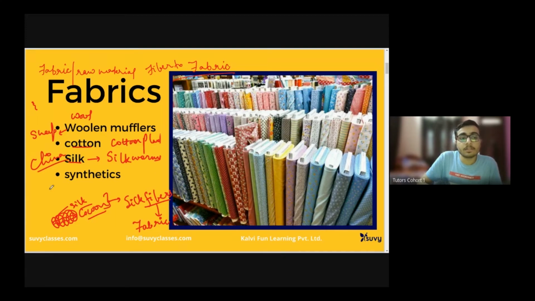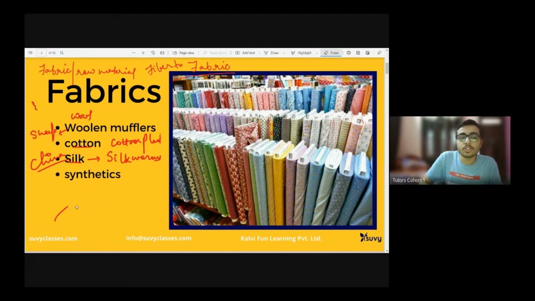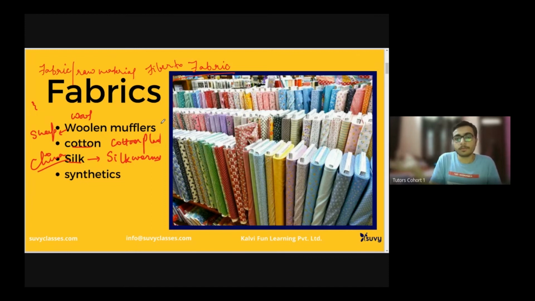There is a famous historic reference related to silk with China, that a silk route was established between China and Europe, a silk corridor that was used for the import and export of products, which mainly included the export of silk from China to the West. So that's a famous thing, the silk route.